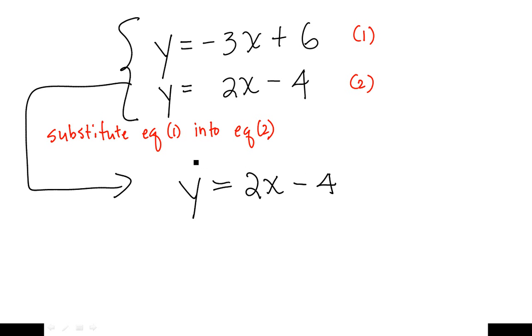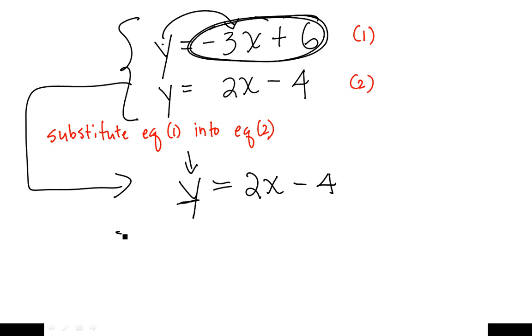Instead of writing this y here, since I know that y also equals negative 3x plus 6, I'm going to replace this y with negative 3x plus 6. So negative 3x plus 6 equals 2x minus 4.